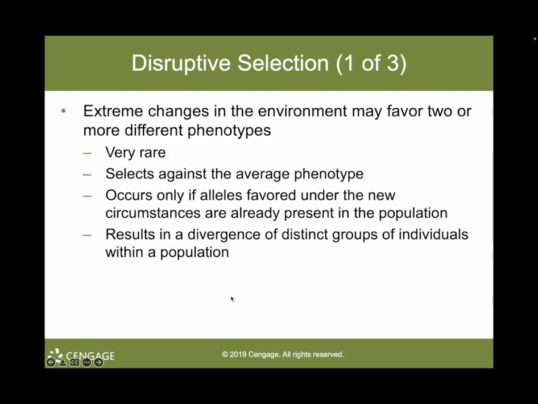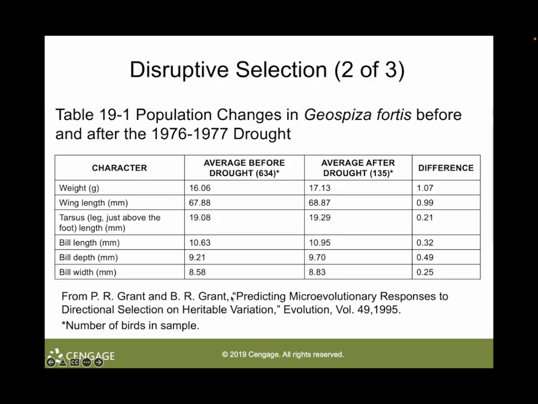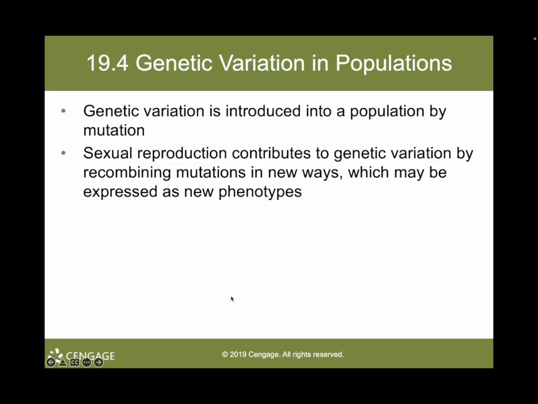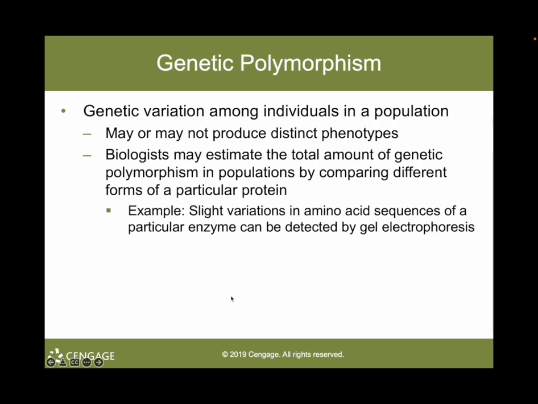And from here, I'll briefly go to genetic variation in populations. Briefly. One thing I'll speak to is genetic polymorphism.